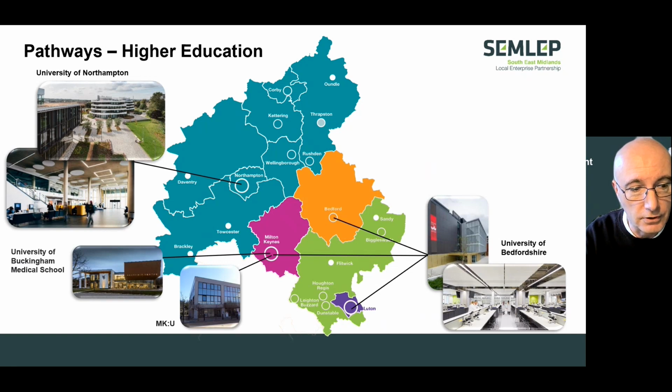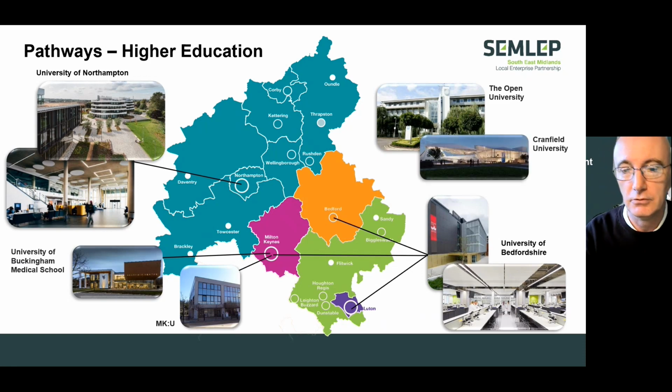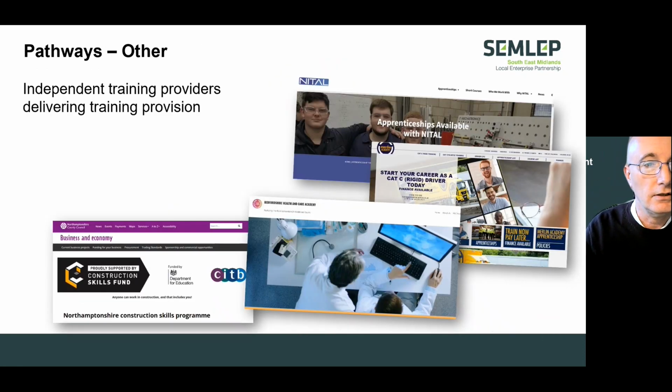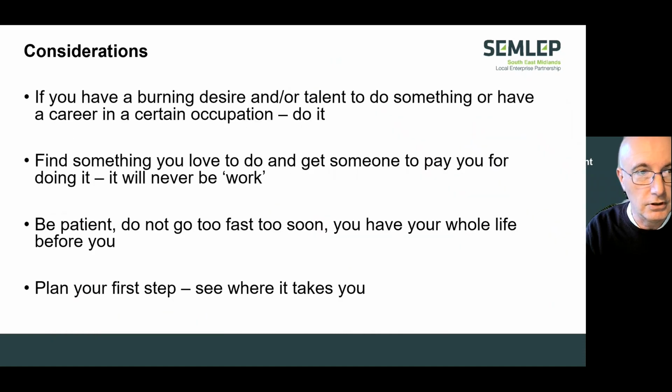We have a specialised University of Buckingham Medical School at the hospital in Milton Keynes. And we have the Open University, which is another pathway you can take, remote learning. As you progress, we have Cranfield University, which is more postgraduate education, beyond university level. There's lots of other pathways with independent training providers, especially on apprenticeships and other routes.